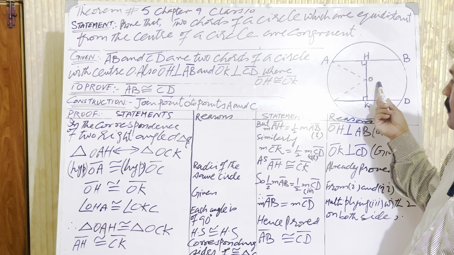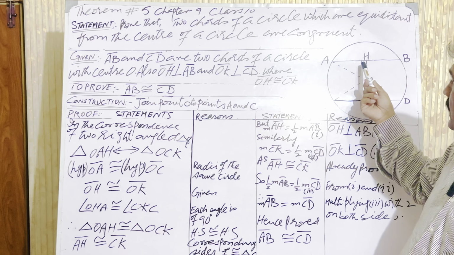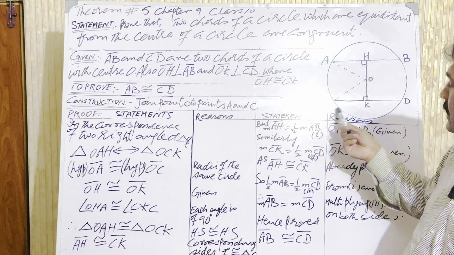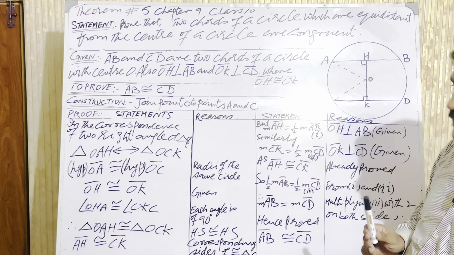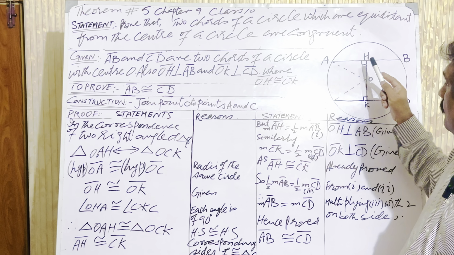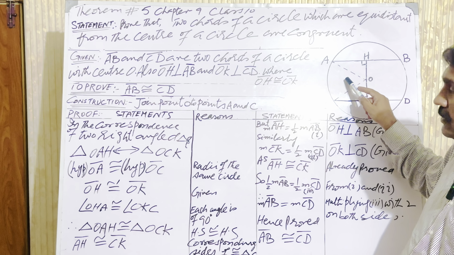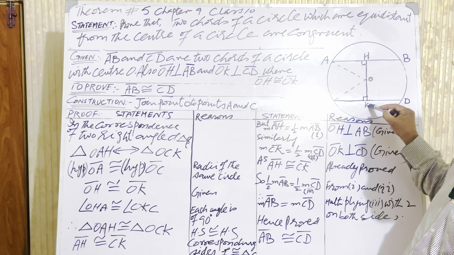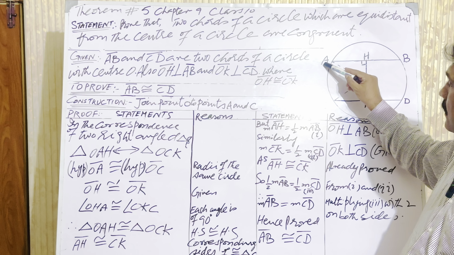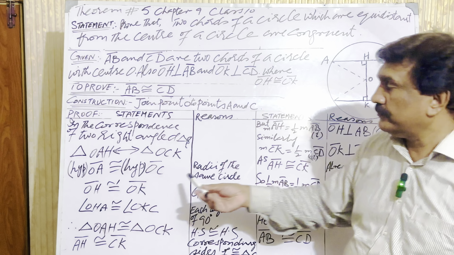We will go to the figure. OAH is a right-angle triangle, OCK is a right-angle triangle. In which OA is the hypotenuse, and OC is also the hypotenuse of this triangle. So OA is congruent to OC.